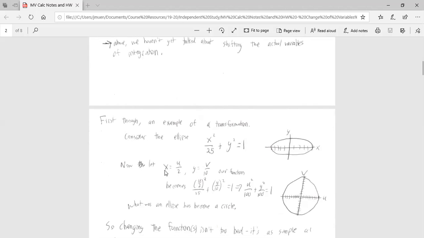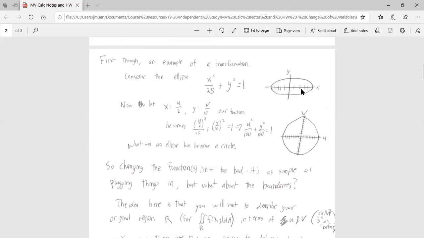But if instead we make the substitution x equals u over 2, y equals v over 10, our function becomes u over 2 squared divided by 25 plus v over 10 squared equals 1, which is u squared over 100 plus v squared over 100 equals 1, which is just a circle of radius 10. So this ellipse, which is not always a pleasant equation to work with, becomes a circle, which is very pleasant to work with, especially if we're going to eventually use polar form.